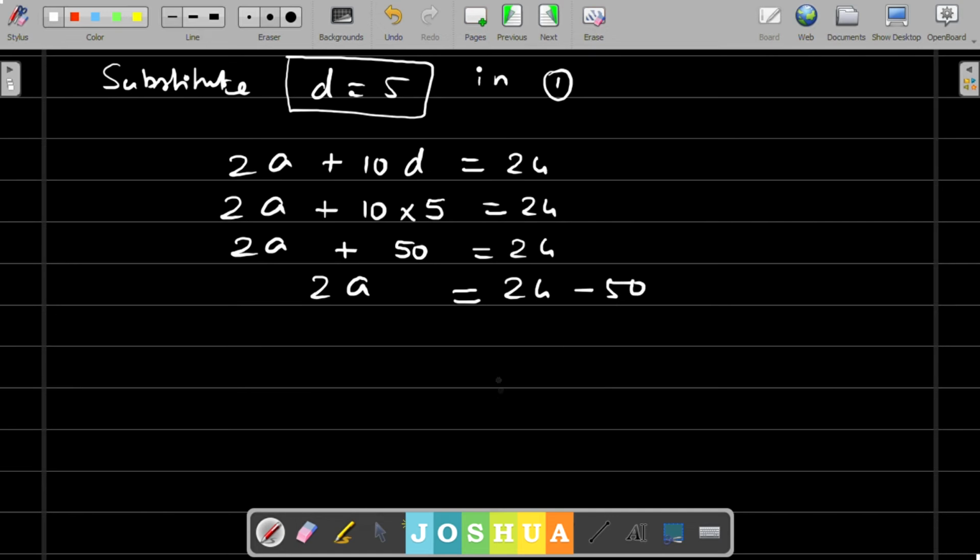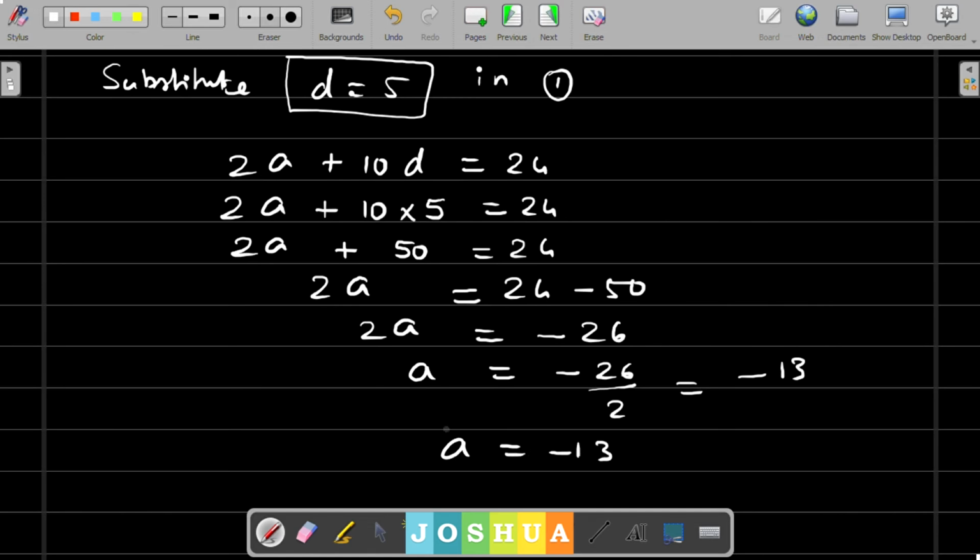So 2a is equal to 24 minus 50, that is equal to minus 26. So 2a is equal to minus 26, or a is equal to minus 26 upon 2, that is equal to minus 13. So now I got the value of a is equal to minus 13.